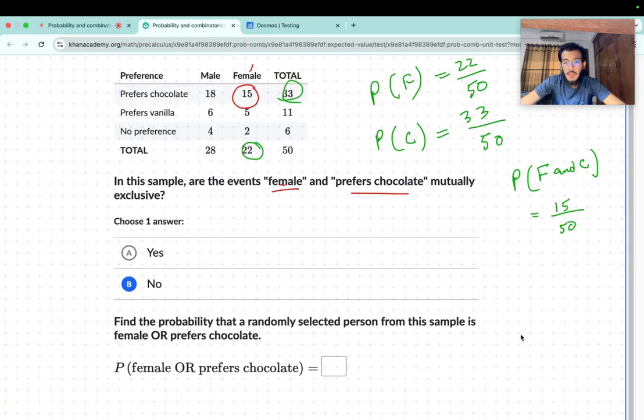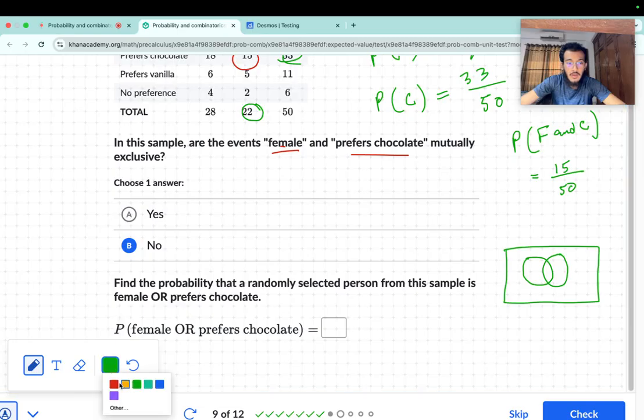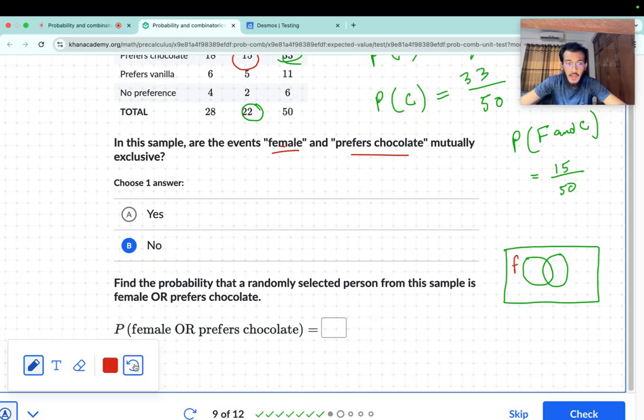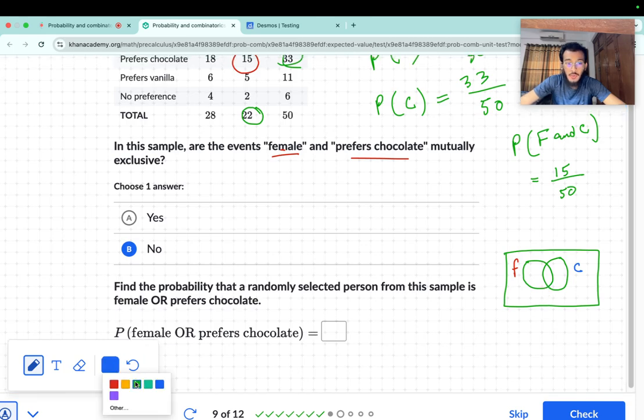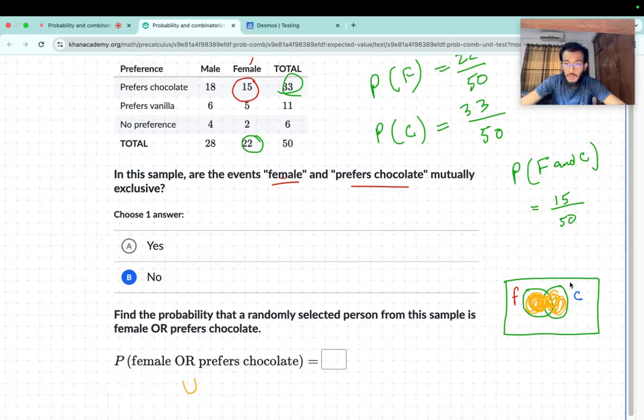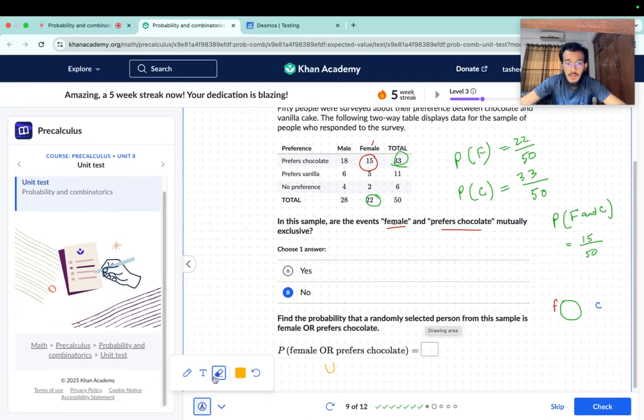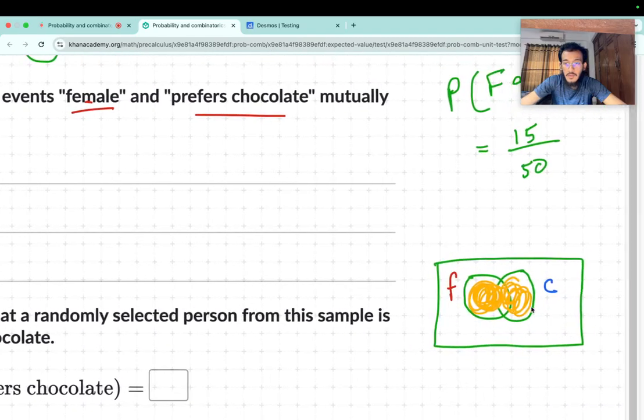Why? Imagine two sets, like this: one represents the female, another one represents the chocolate. You want "or", which means you want a union. A union means shading this portion.